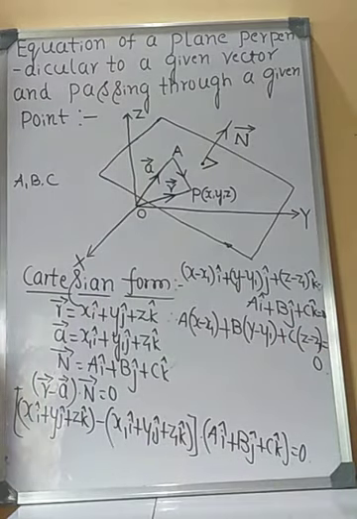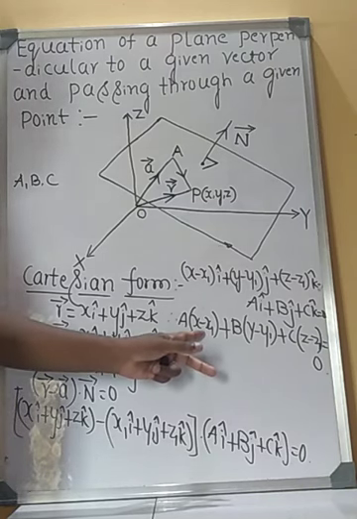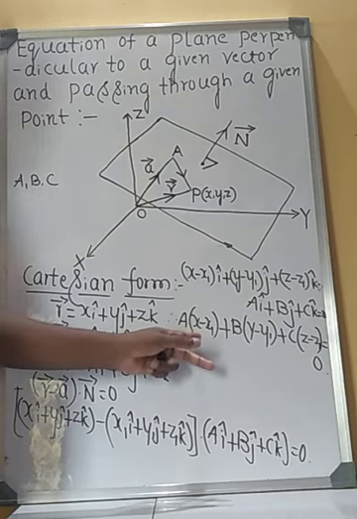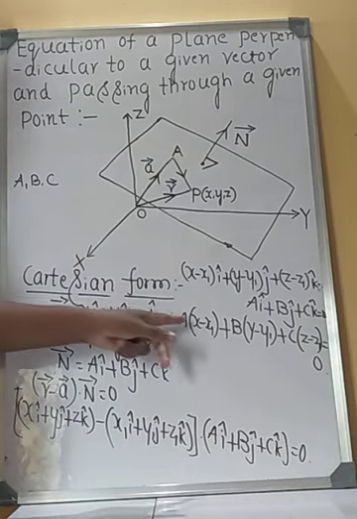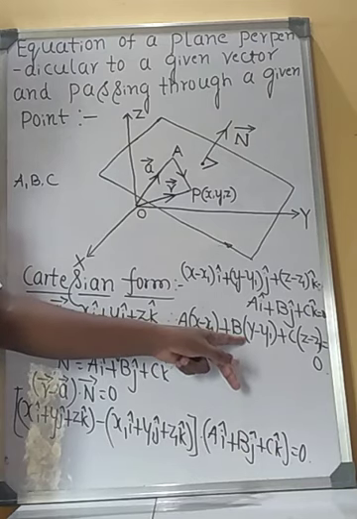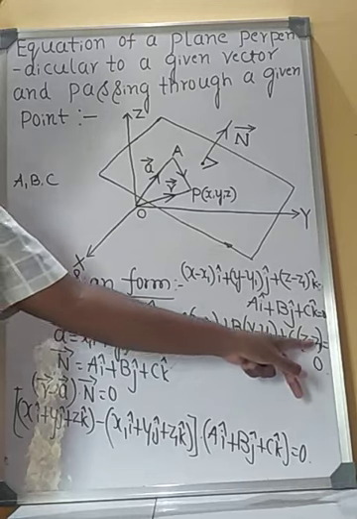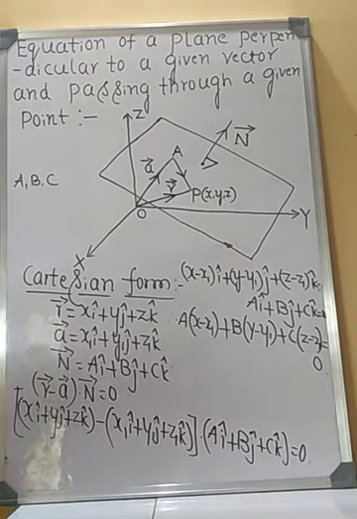This is the Cartesian form of the equation of a plane perpendicular to a given vector and passing through a point A. That means a(x minus x1) plus b(y minus y1) plus c(z minus z1) equal to 0.